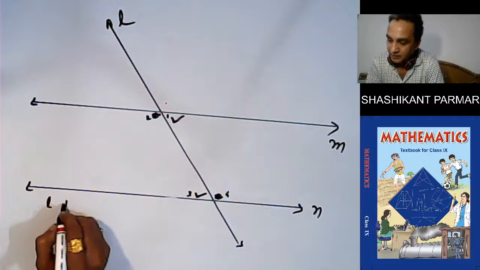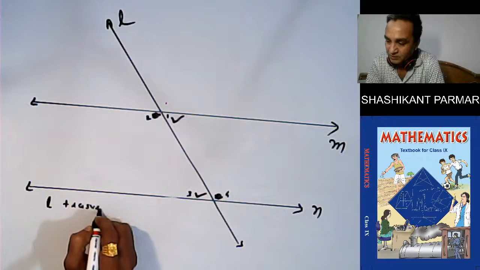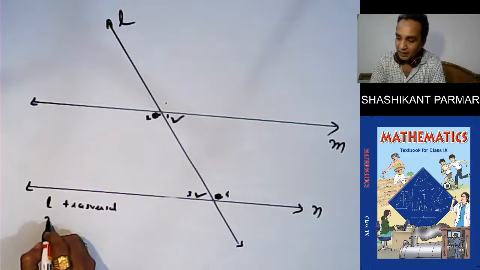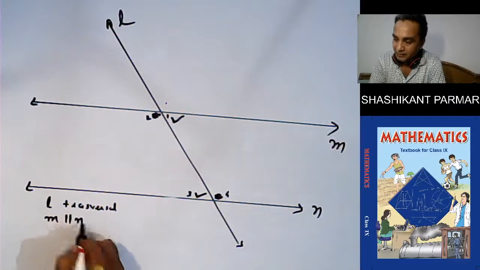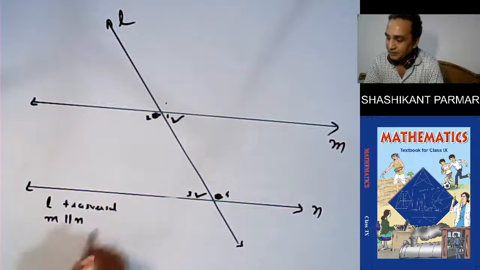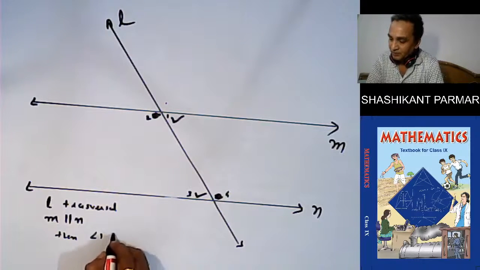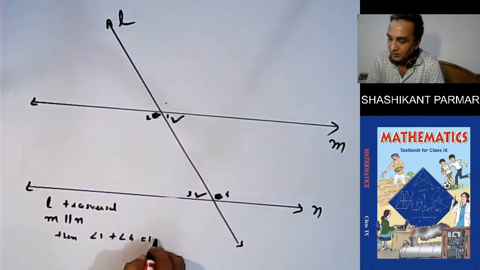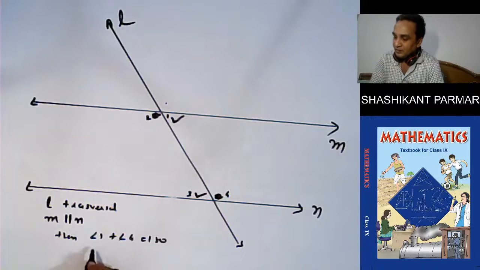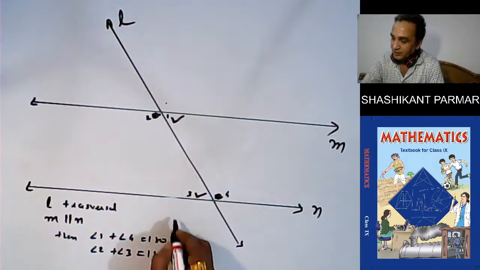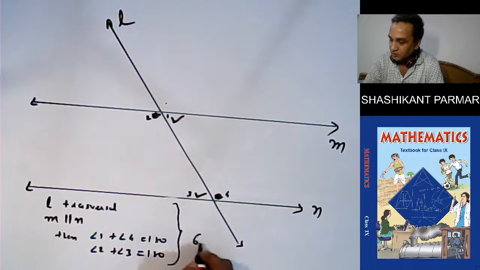L is transversal, M and N are parallel, then angle 1 plus angle 4 is equal to 180, angle 2 and angle 3 is equal to 180. This is 6.4.